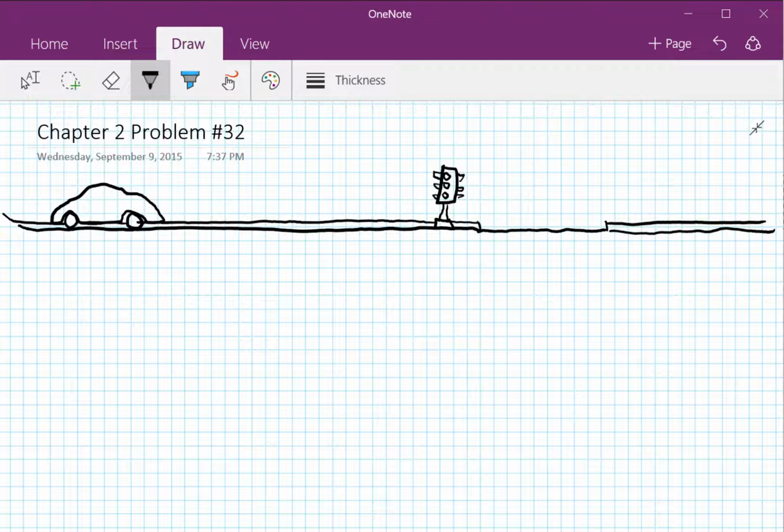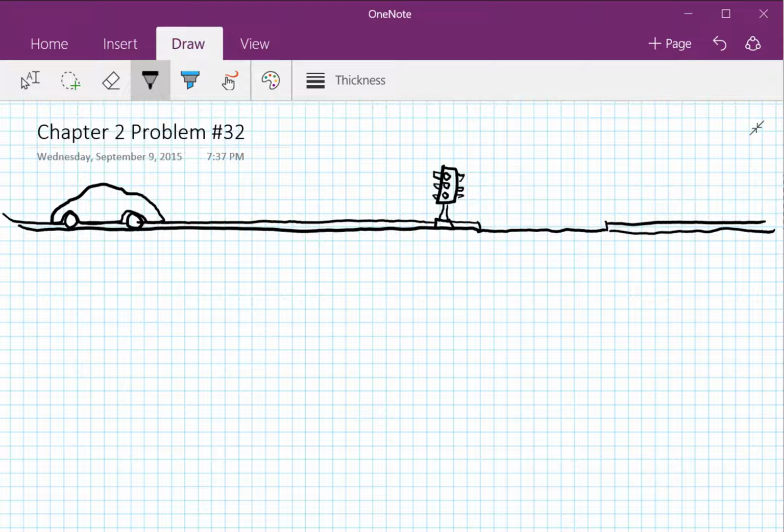So the person's trying to decide whether or not they should stop or just speed on through, which in general, hopefully you guys know you should typically stop. If you're that far away where you're not sure if you're going to make it, then you should be far enough away to stop in time.